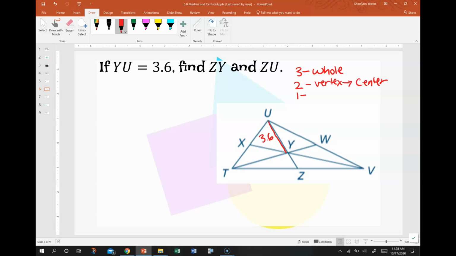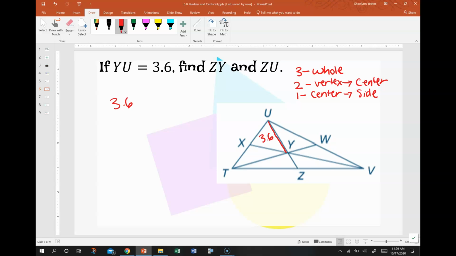Or is it 1 part, because it's from the center to the side? Okay? Now, if I look at YU, that's 2 parts because it's from the vertex to the center, being Y. So 3.6 is equivalent to 2 parts.